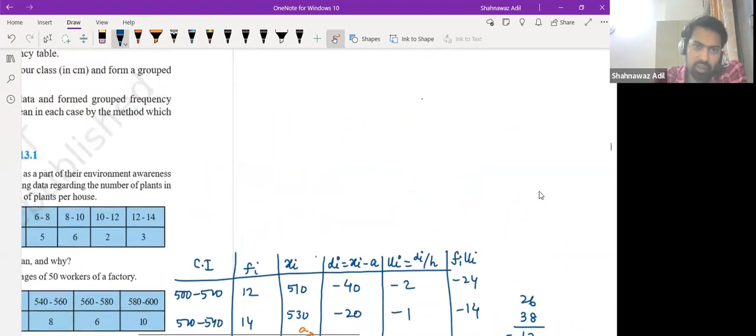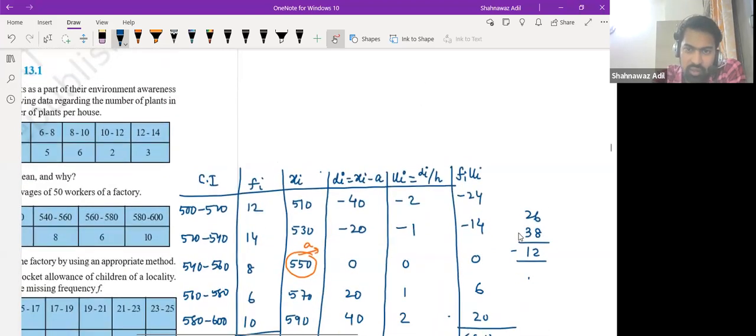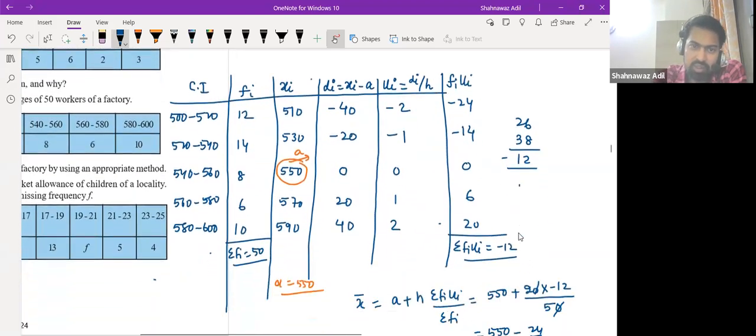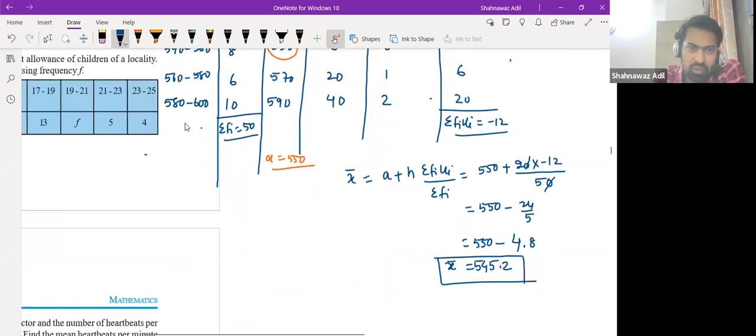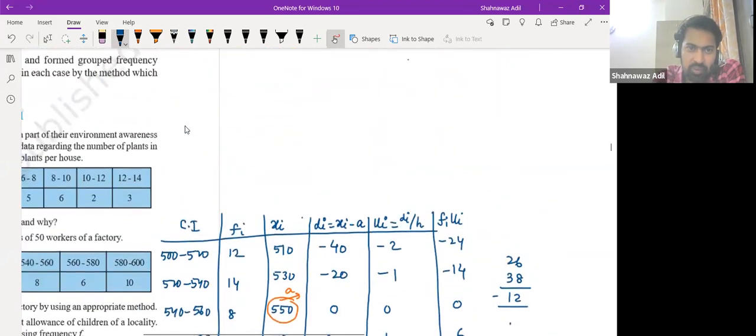Now let us understand about the third question. Third was a different question.